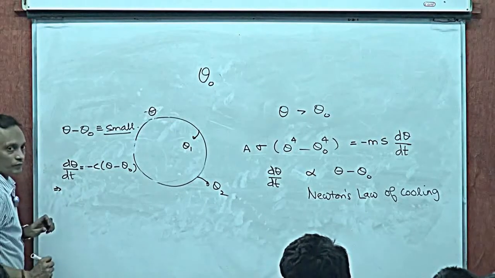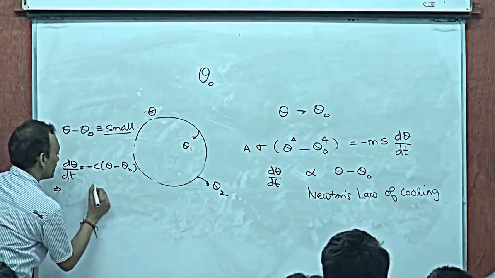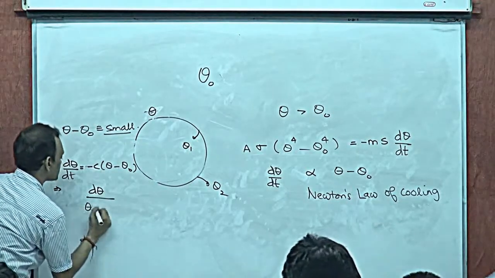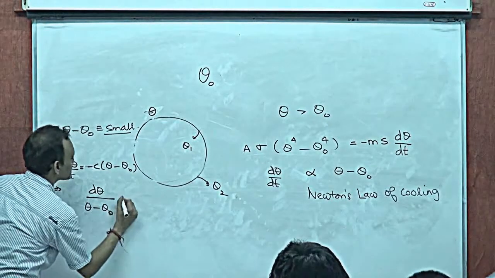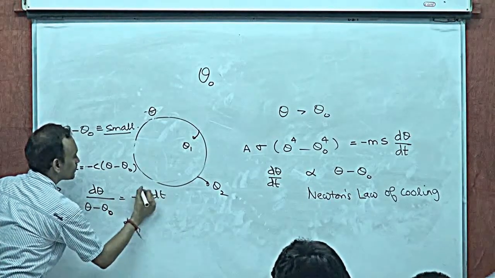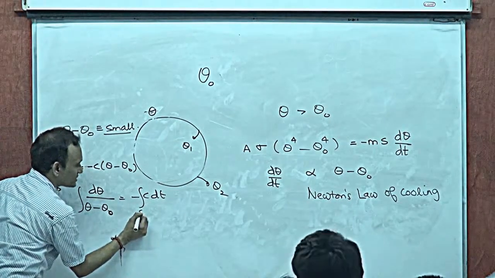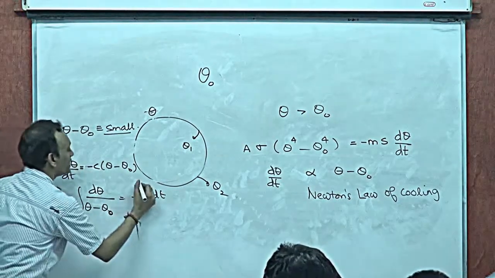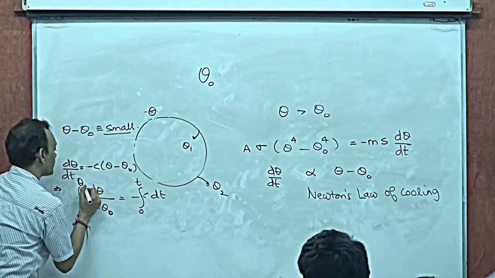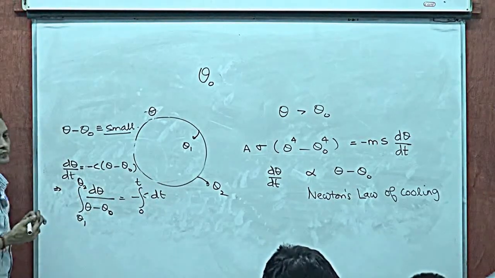I could integrate this: d theta by theta minus theta naught is minus C dt. At time t equal to 0, theta was theta 1. At time t, theta becomes theta 2.